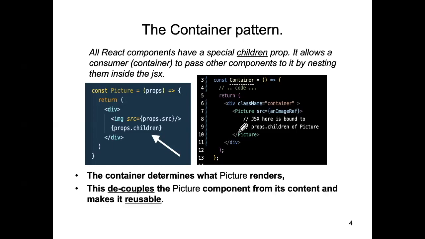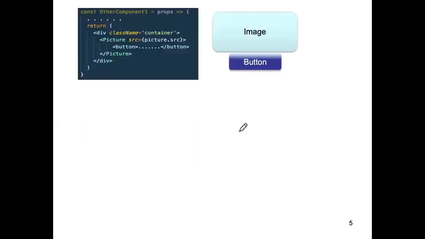So we're essentially decoupling the picture component from some of what it displays, and some of what it displays is controlled by the consumer. Some examples of that. Here I've got a consumer that's using a picture component to include a button with the picture.